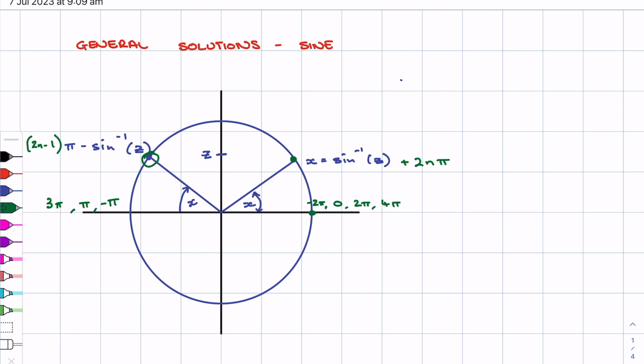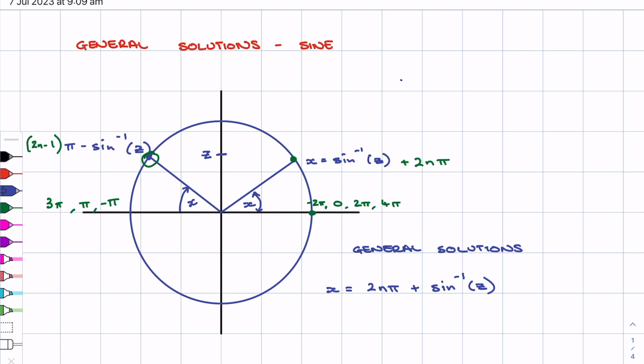So the general solutions for our sine functions come in two forms. We can say x equals, and I'm just going to write it as 2n pi plus sine inverse z. That's talking about this solution here.